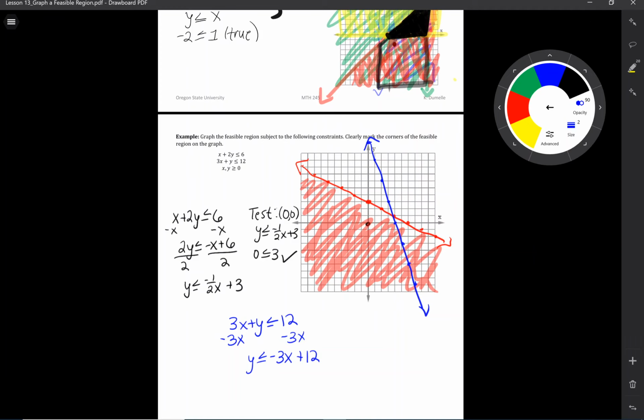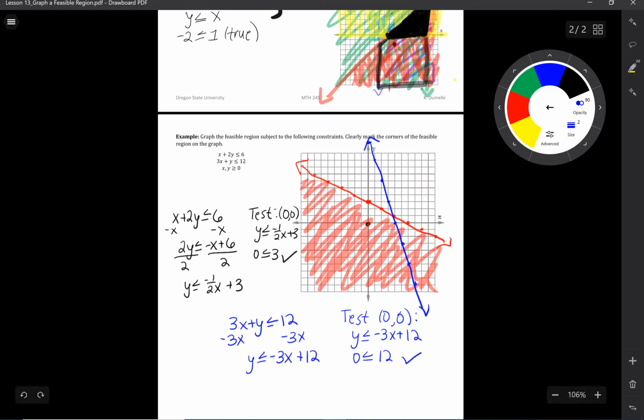I need to see which region, to the left or to the right, I need to shade. So I'm going to plug in 0, 0. You can plug in any point, it's just that 0, 0 is really easy. So I get y is less than or equal to negative 3x plus 12, and if I plug in 0, 0, I get 0 is less than or equal to 12, which is true.